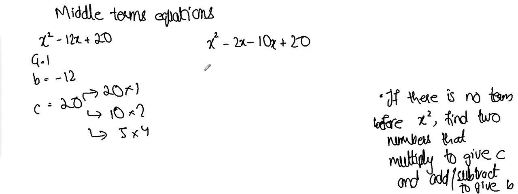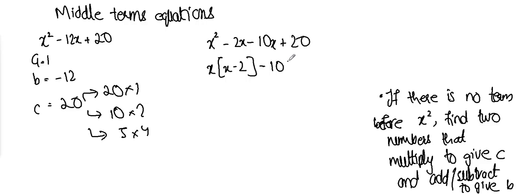What will we have as common? X squared, right? Well done, Ayan. It's x. X minus 2. Good.